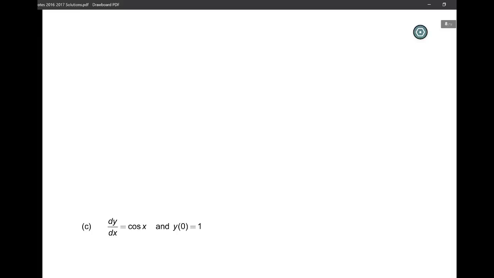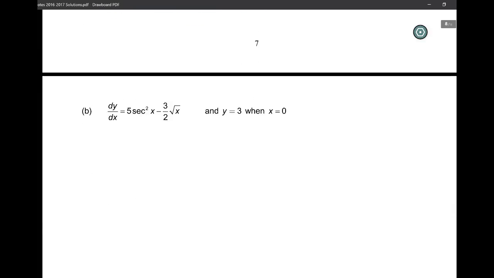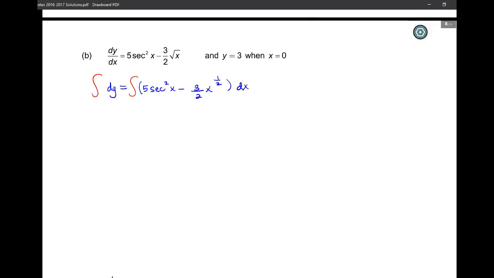Okay, so we have 2 more examples here before we get to slope fields. So the first thing we want to rewrite this. I'm going to write this as x to the 1/2. Again, we do this because anytime it's a power other than x to the -1, which is 1 over x, it's helpful to write it with the numerical notation.